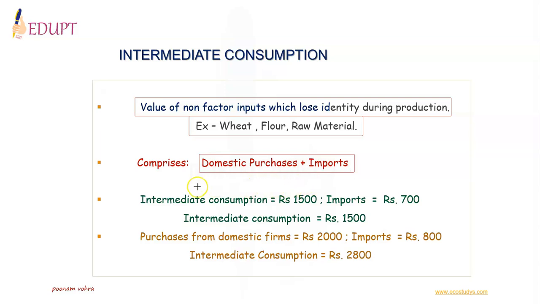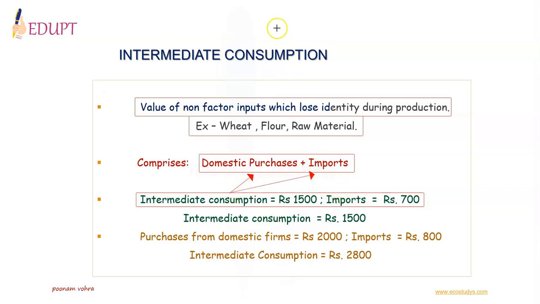Now try to understand. In a question, if information is given as intermediate consumption, some value, here it is 1500, and imports, some value, rupees 700 is given here. So imports will not be considered as a part of intermediate consumption simply because when we talk of intermediate consumption, it includes both domestic purchases as well as imports.